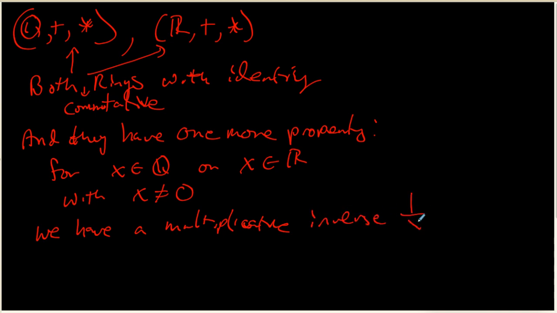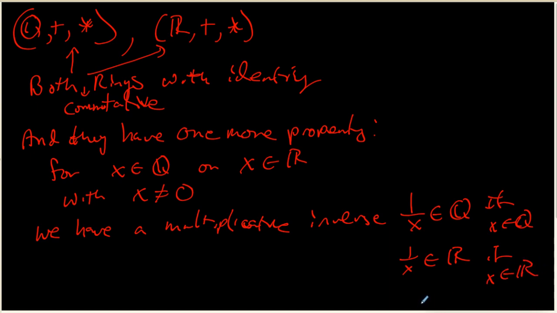Namely, we have 1 over x that belongs to Q if x belongs to Q, and we have a 1 over x that belongs to R if x belongs to R, as long as we know that x is not 0. And so we have one more important property.